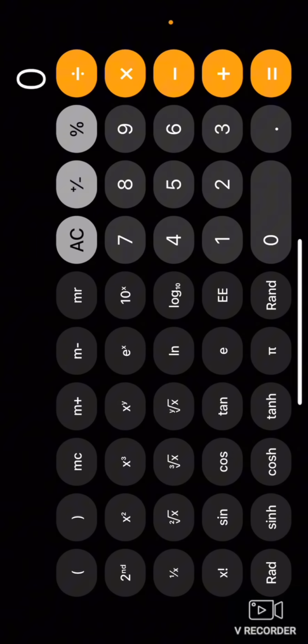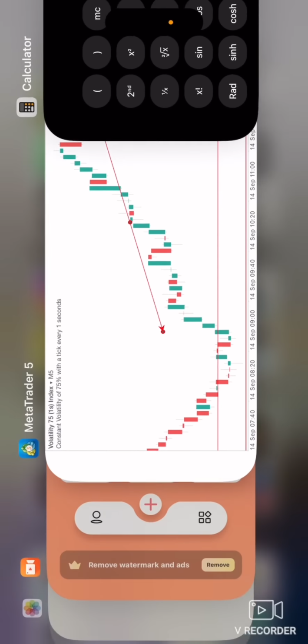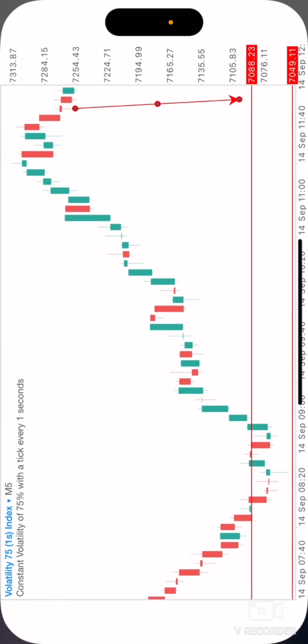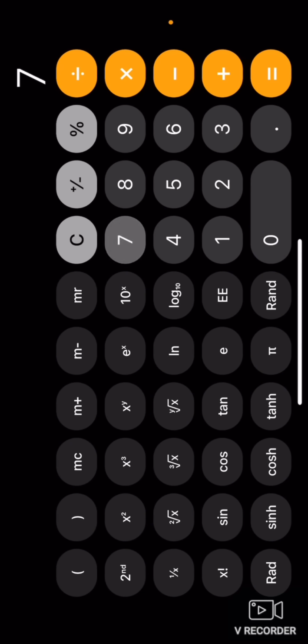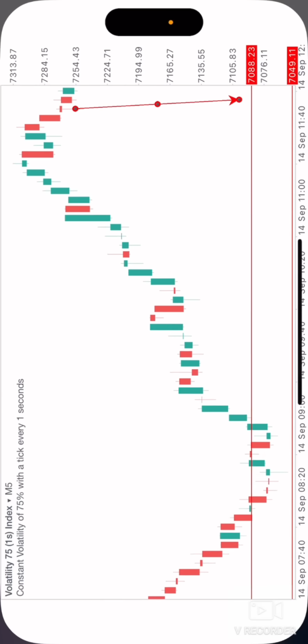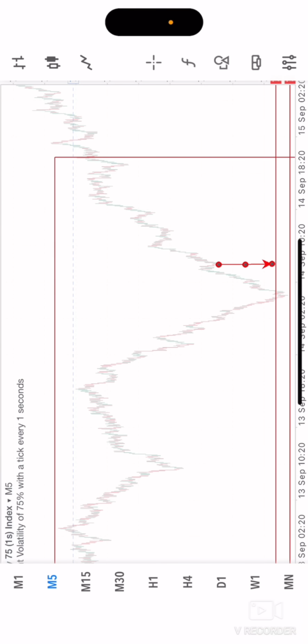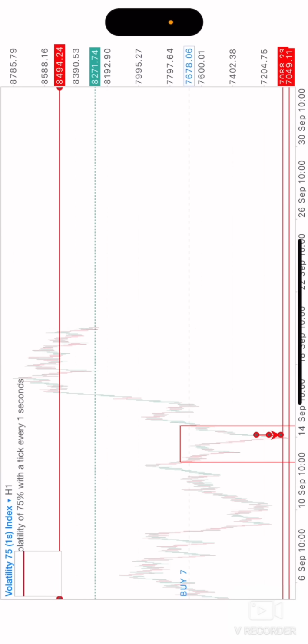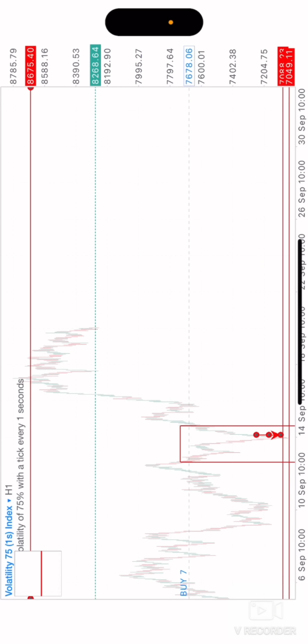Now let's see how much I'm likely to make after this trade. My entry point is 7088.23, and my take profit is, let me fix it, okay, yeah, this is my take profit here. Let's just fix it here.